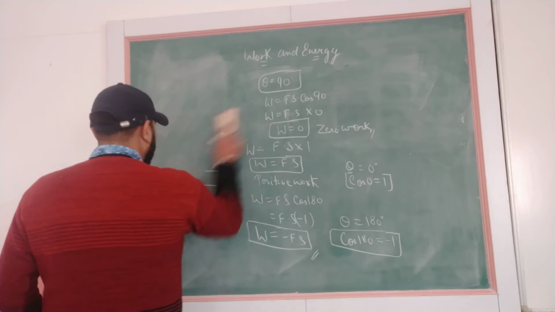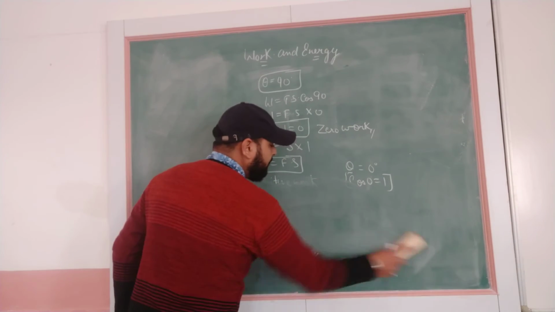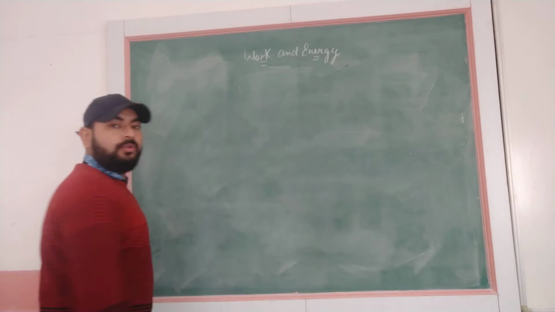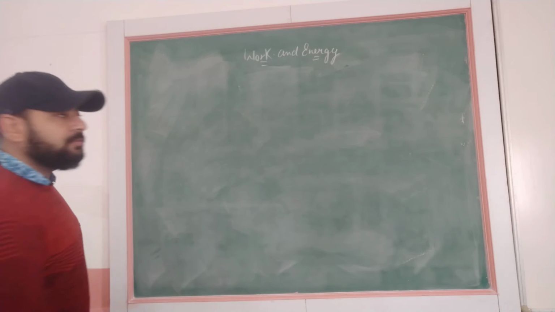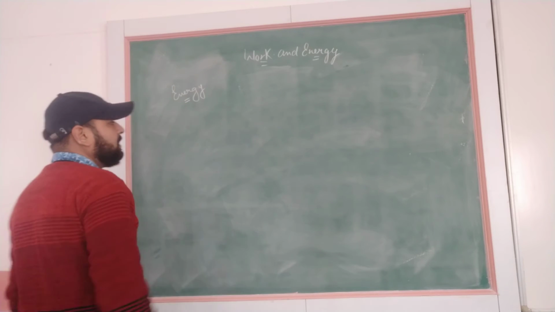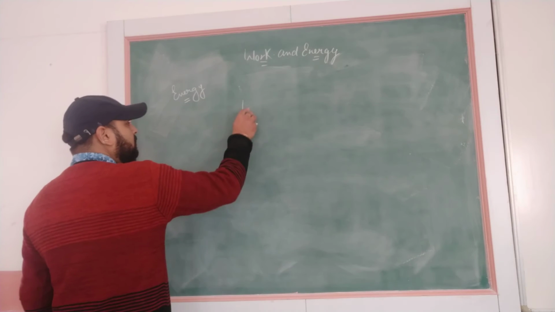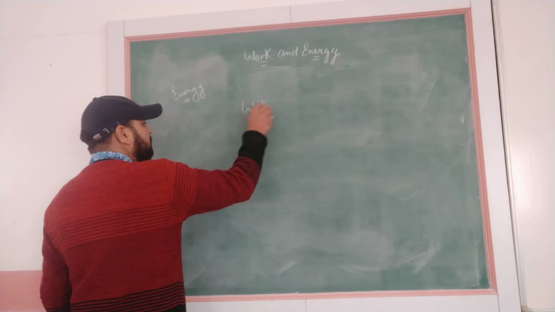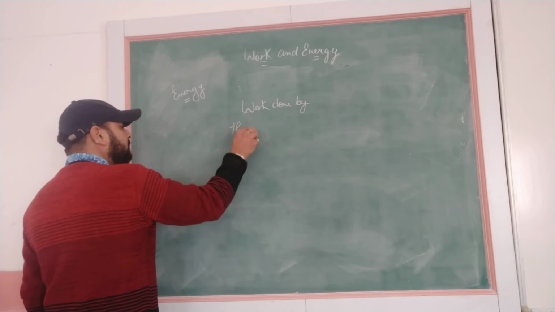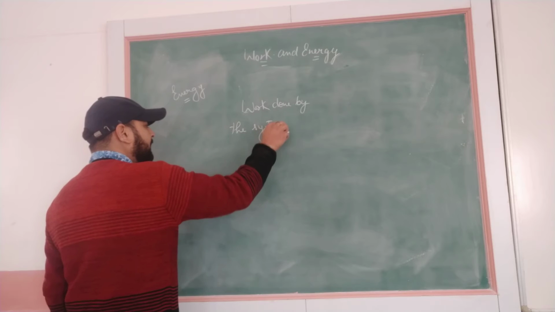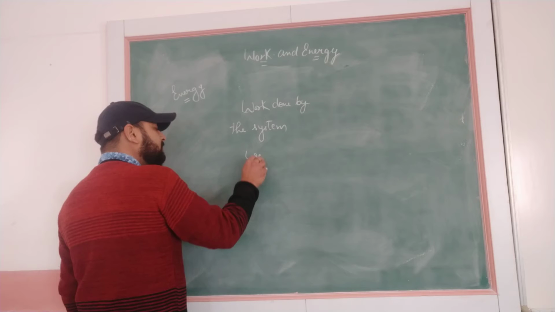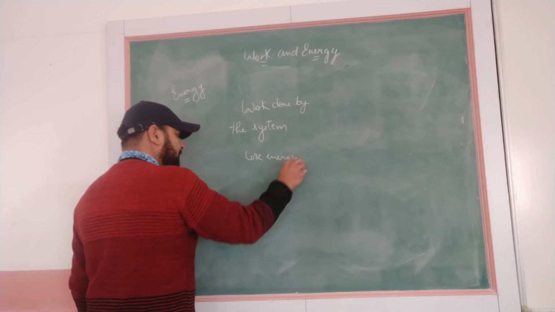Okay. Now, if a body is doing some work, that means the body will require some amount of energy. If we are doing some work, then definitely we need some energy to do that work. Right? So, if the work is done by the system, we will say that it will lose energy.